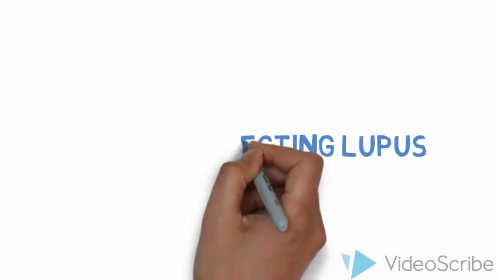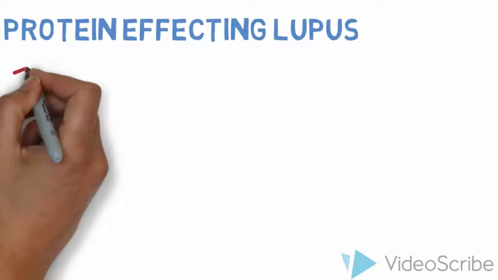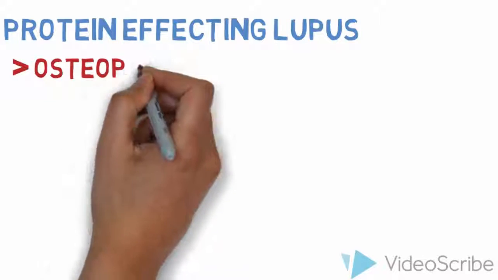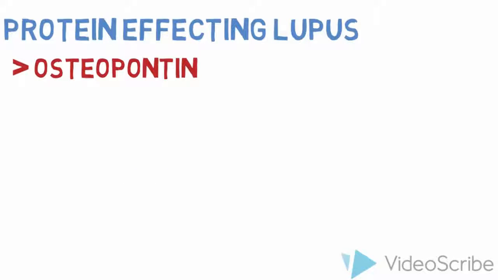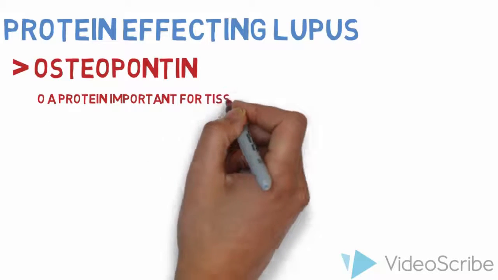Okay, protein affecting lupus. Osteopontin is a protein that is important for tissue in the context of inflammation.